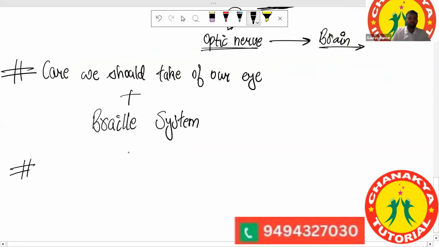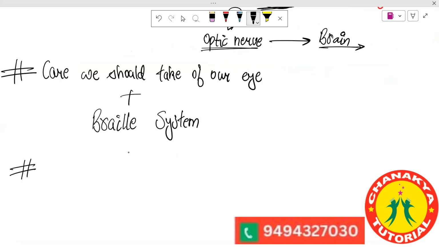First, let me tell you what the braille system is. Many people are not able to see. Why? There can be many reasons. It may be due to genetics, or when they are born they are unable to see. There may be some accident due to which they are not able to see.